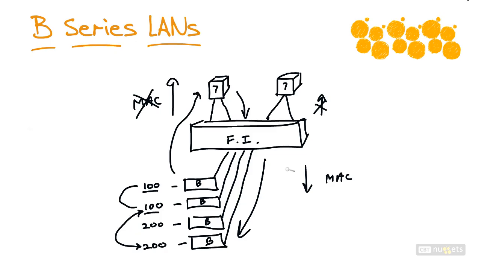Downstream from the fabric interconnect, down here, we have MAC address learning taking place. When B series devices inside of a VLAN are communicating, the fabric interconnect can handle that with its MAC address learning intelligence for the server ports. When it comes to MAC address learning upstream here with our northbound devices like Nexus 7Ks, the device does not engage in MAC address learning.